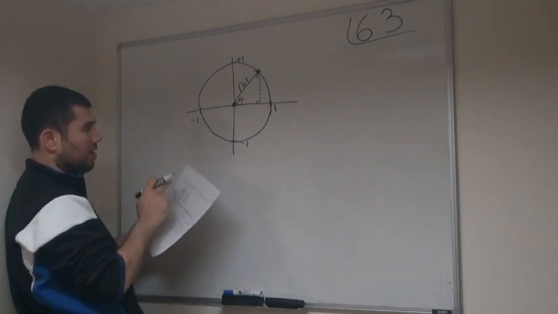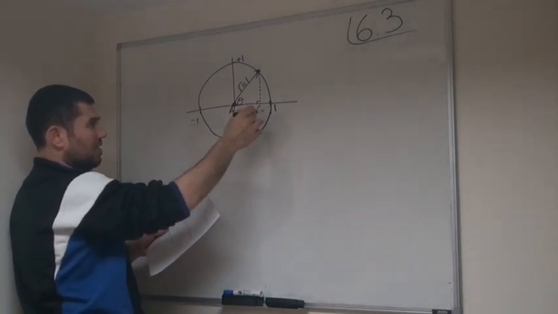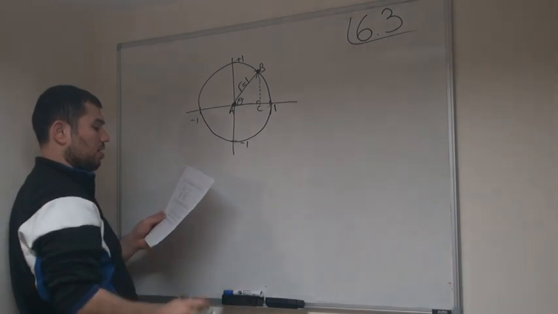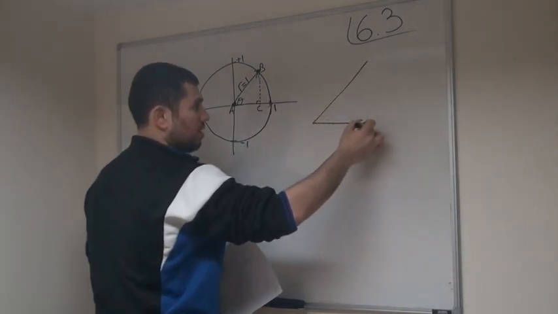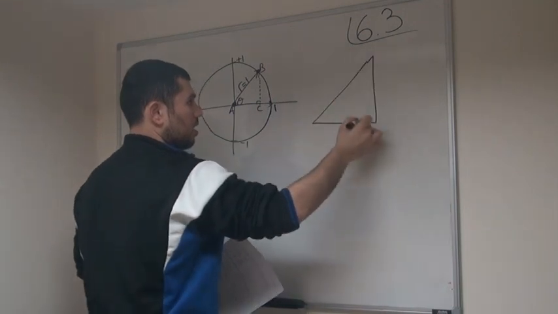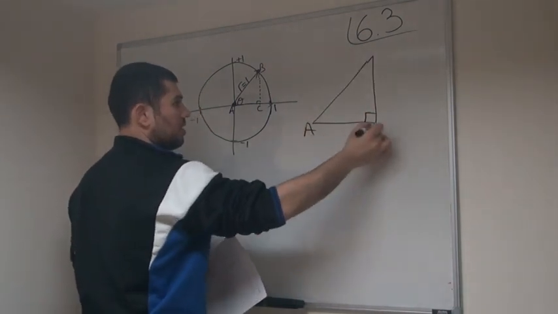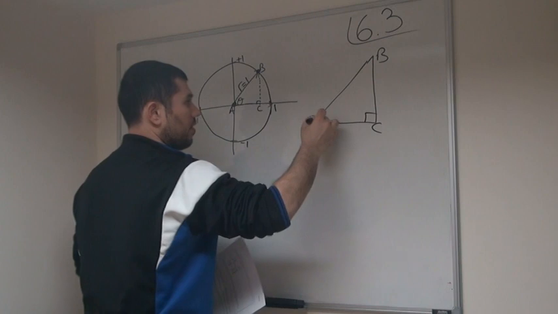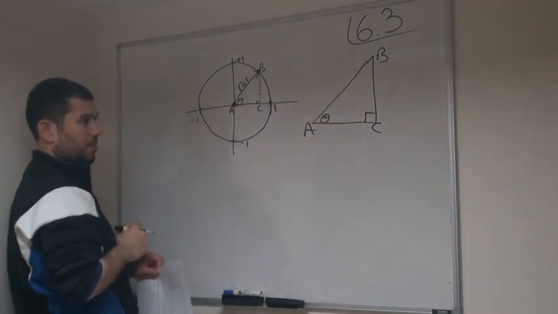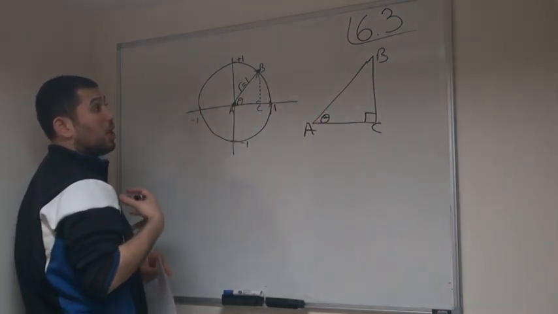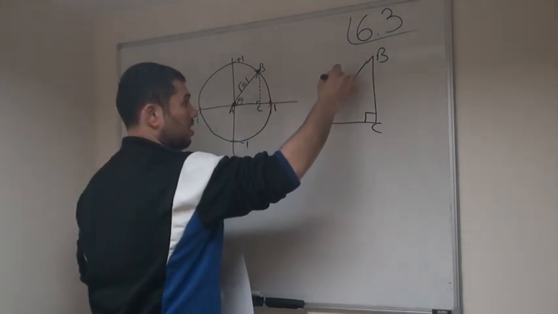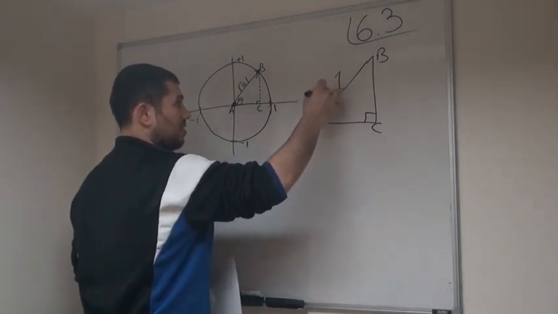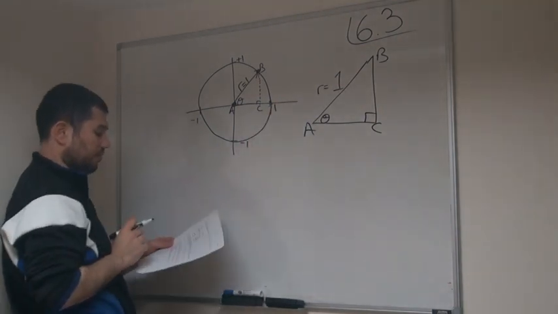Now on the slide I used points A, C, and B as this triangle, right? So I had, and let me blow this triangle out a bit, points A, C, and B here, where this was theta, the angle that was formed in my unit circle. Now I know, since this is a circle with radius 1, the hypotenuse is going to be a 1. Right? That's the radius. That's what r equals.